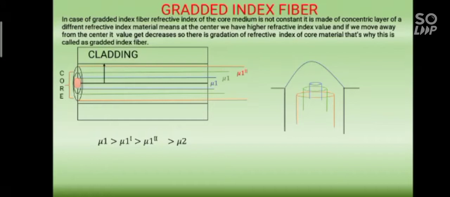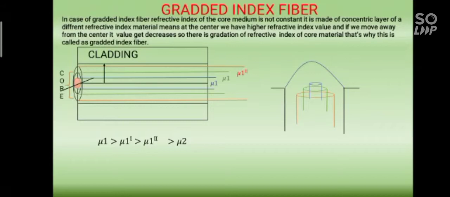In the case of graded index fiber, because of the different index profile, we have a path that is a sinusoidal wave. Let us consider this diagram. Suppose a ray of light enters the fiber. It will come into contact with the first refractive index core, that is the first layer, which has the higher refractive index.